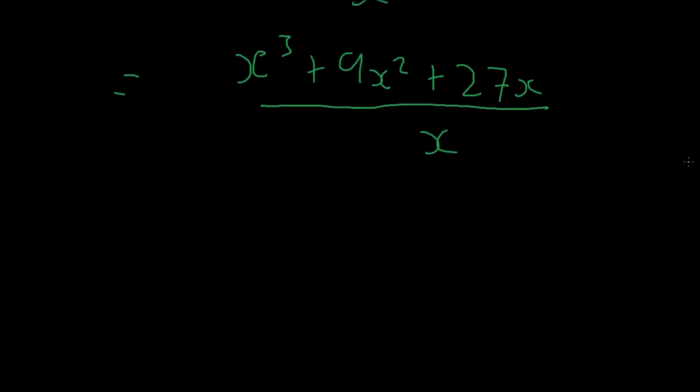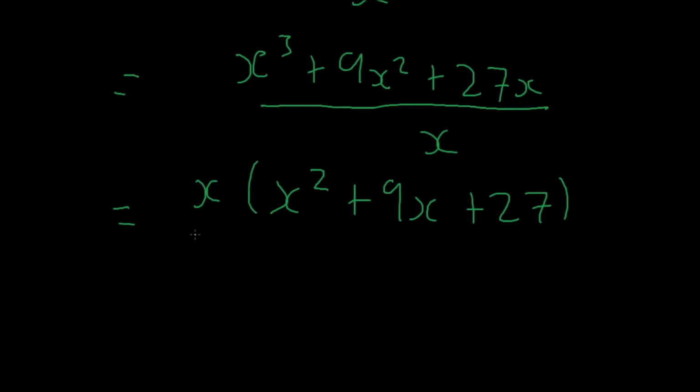And hey, did you look at that? That top term all has a common factor of x. So let's divide it out: x times x squared plus 9x plus 27, divided through by x. And hey, that's going to cancel out.